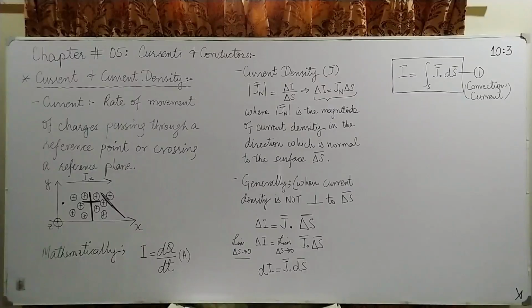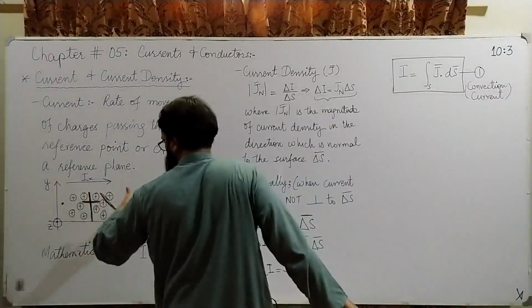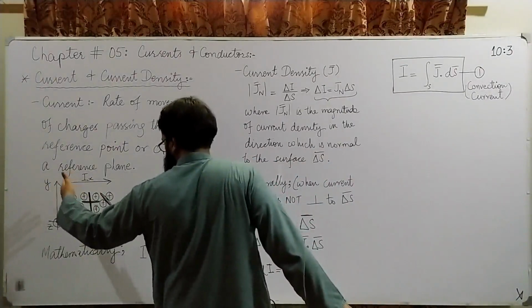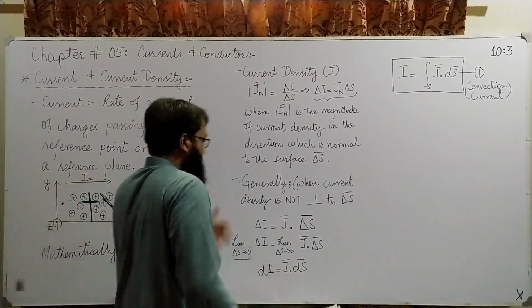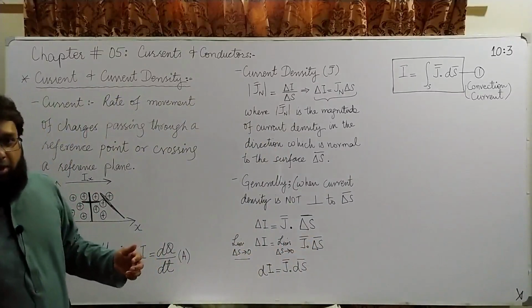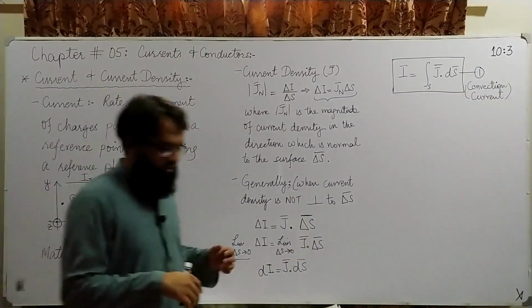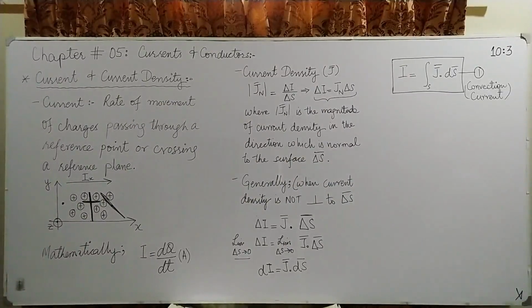Recall the modes of heat transportation: convection, radiation. Similarly, if electricity transfer is through physical movement of charges, we'll say it is convection current. If it is through wireless communications, where there is no physical movement of charges, we'll say that the energy is radiating. Anyway, that's a topic for later chapters.